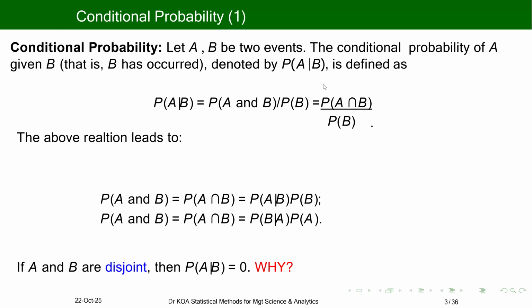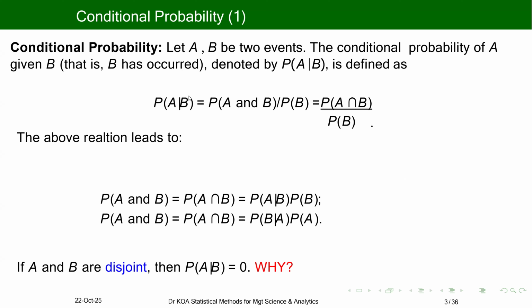Okay, so what is a conditional probability? We have 2 events, event A and event B. The conditional probability of event A given B, that is, given that B has already occurred, is denoted as P of A given B, or P of A with a vertical sign B. The vertical sign indicates that B has been given, or the B event has already happened.